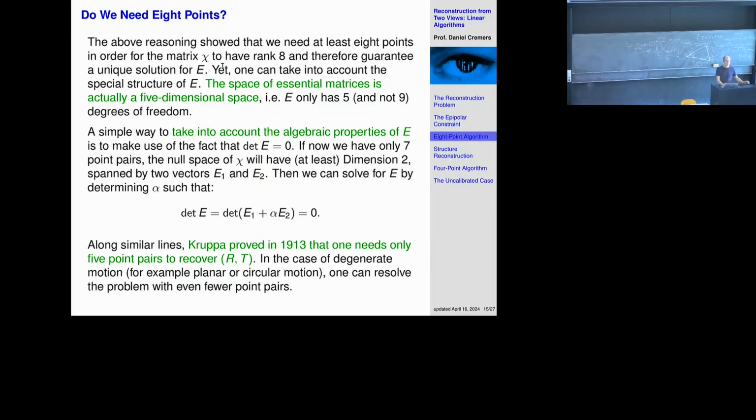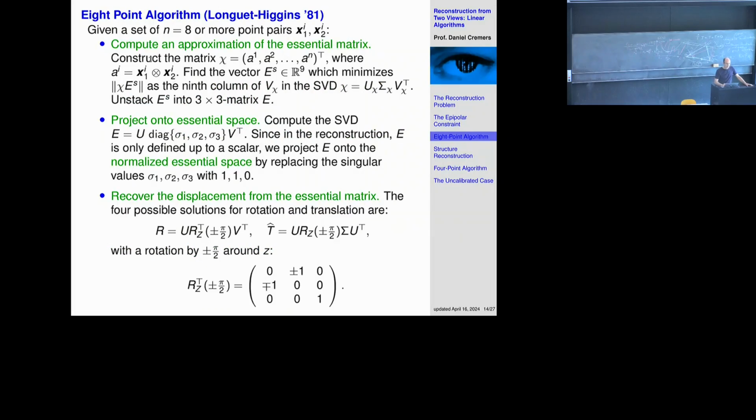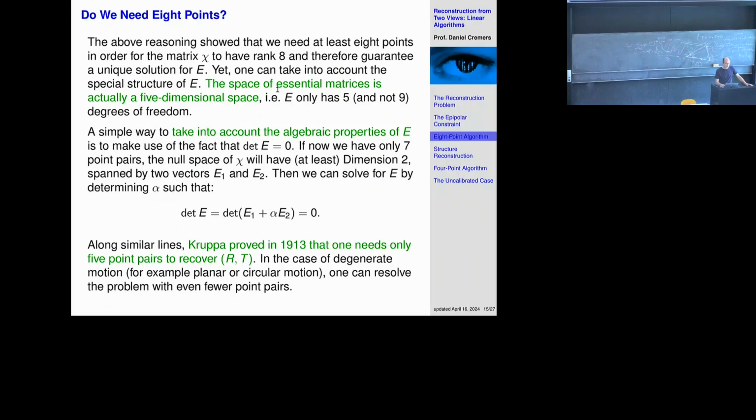But in this step 1, we didn't actually use the fact that E is an essential matrix. We just computed a random E and then we computed a projection on the essential space. But in step 1, the fact that E must be an essential matrix was not used. And we can actually use that.